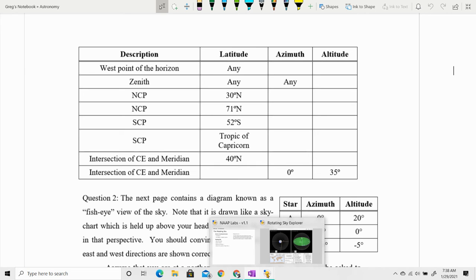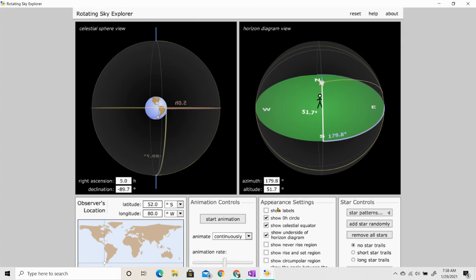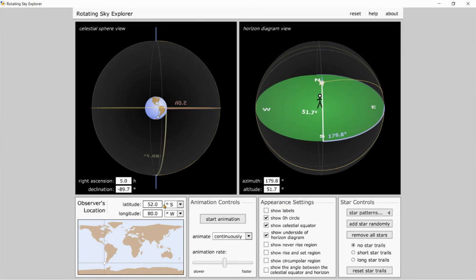The Tropic of Capricorn. I'm going to tell you on this, I'm not sure if we have the Tropic of Capricorn. I believe that is going to be over here, 23.5 degrees.